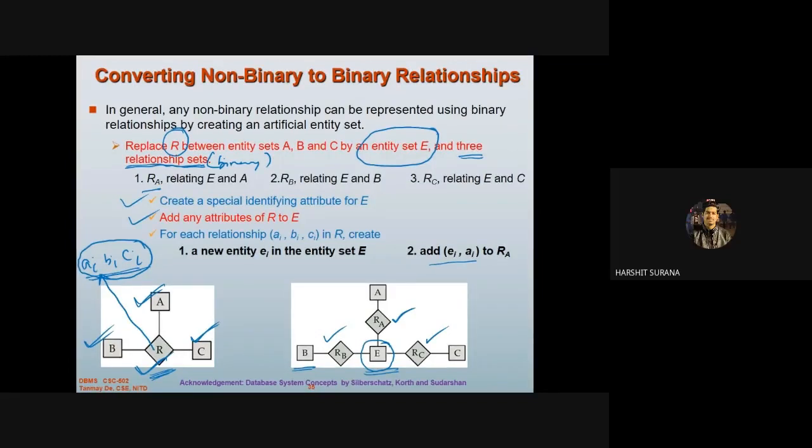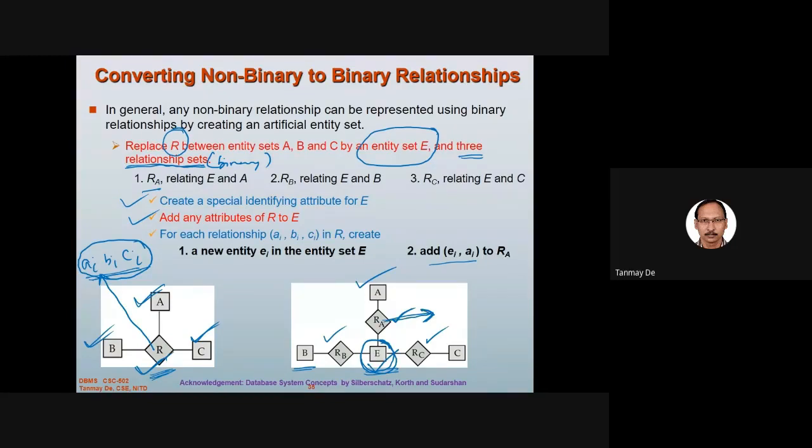Yes, sir. That is, for E, there is an entity ei. So now the question is, what are the relationships of this relationship set? RA is the relationship which relates the two entity sets A and E. So what is the relationship here?